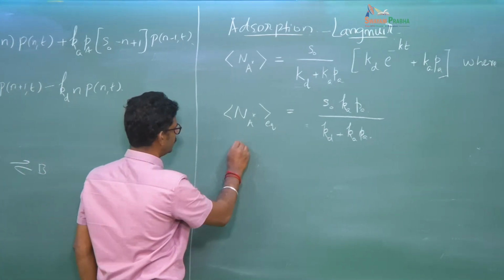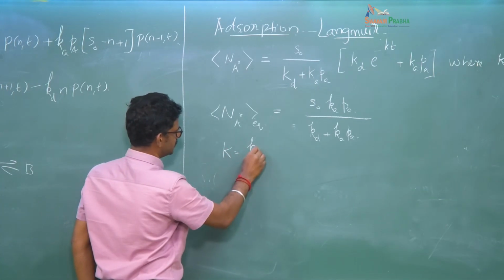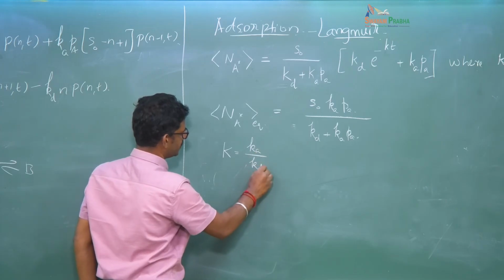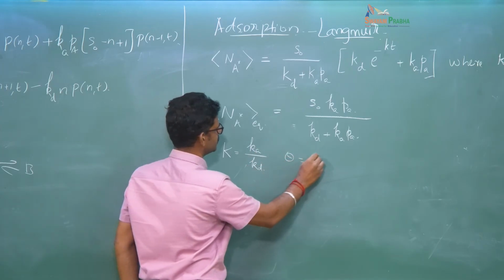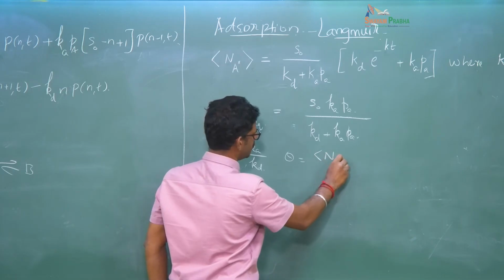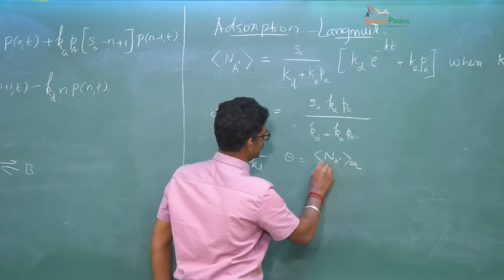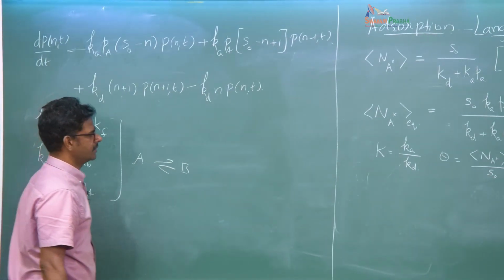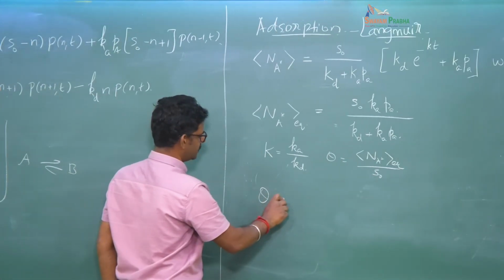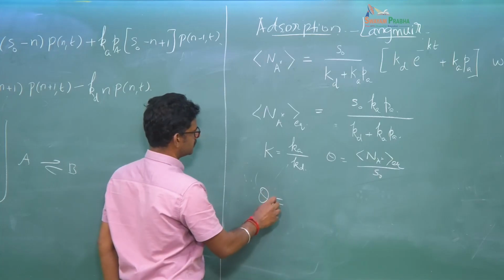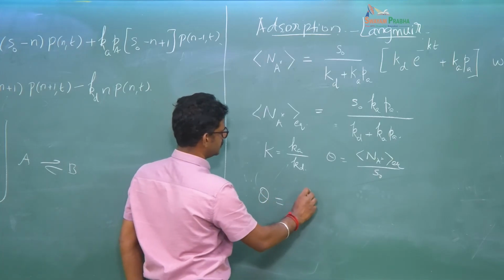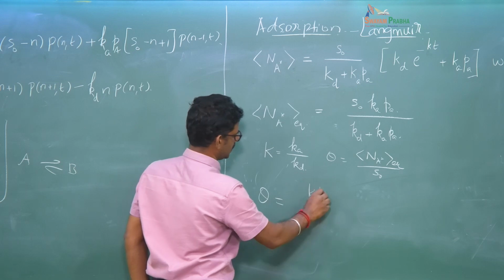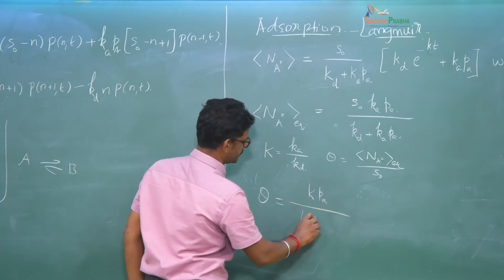Then if you introduce capital K as small ka by kd, and theta as the equilibrium number of adsorbed molecules versus the total number of sites, you can show that theta is equal to KPa by 1 plus KPa.